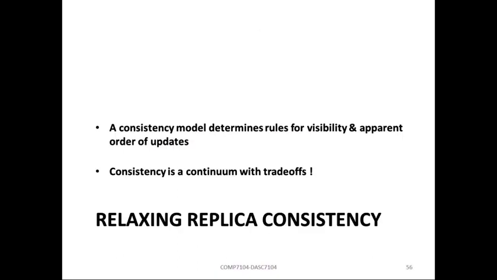Okay, now in order to understand some important aspects pertaining to replica consistency, and in particular what relaxing replica consistency may mean, we have to clarify what it means to have something different from or less than strong replica consistency.